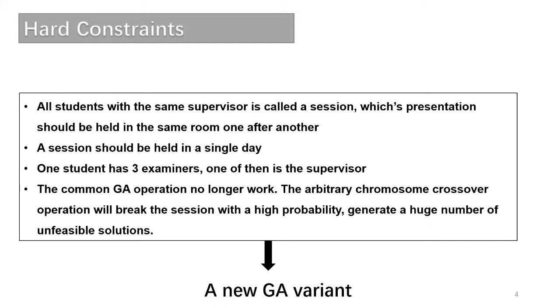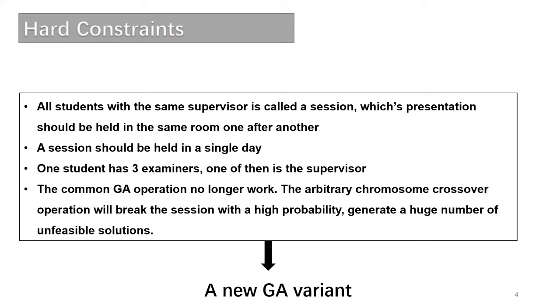They want all the students from the same session to hold the presentation together. What together means is that the presentations are held one after another, in the same room, and on the same day.